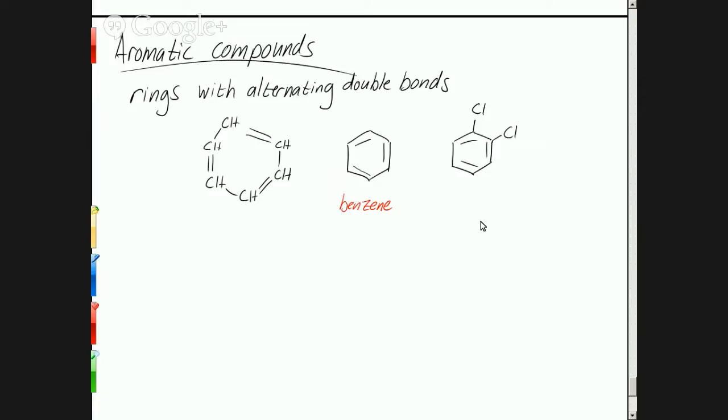And then we have 2 chlorines coming out. So that's going to be dichloro. And then how do we number them? Yeah, 1, 2, because they're right next to each other. So we can start either place and go 1, 2, numbering around the ring. So this becomes 1, 2, dichlorobenzene.